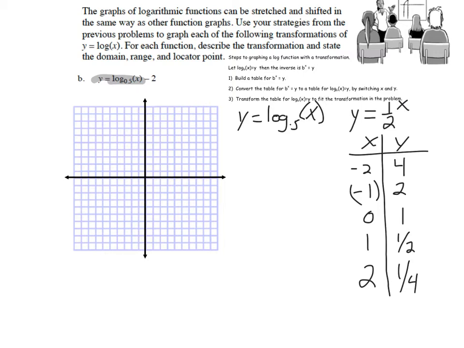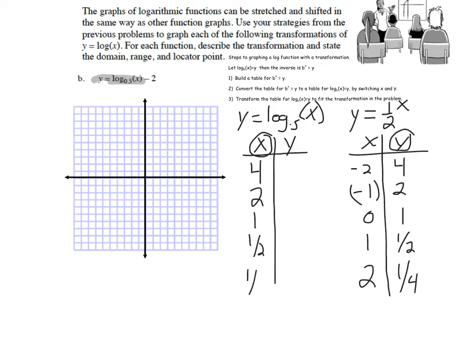Now use that table to build the table for log base 0.5 of x. Here's x, here's y. My y values over here become the x values for the log base 0.5 of x. So 4, 2, 1, 1/2, and 1/4.